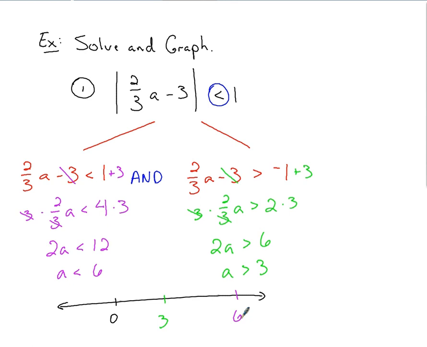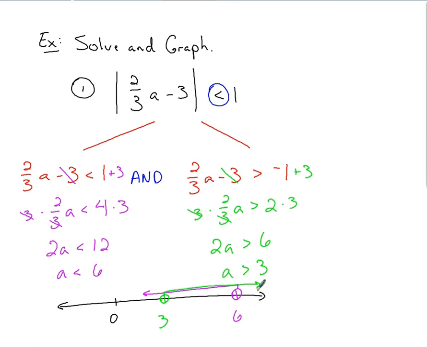If a is going to be less than 6, we're not going to include 6. We're going to shade, though, everything to the left. And if a is going to be greater than 3, we're going to keep 3 open here. We're going to shade everything to the right.